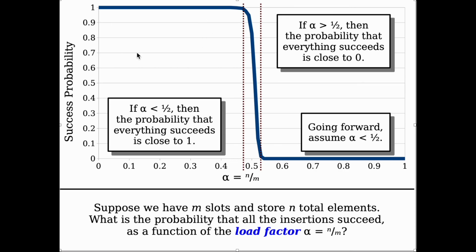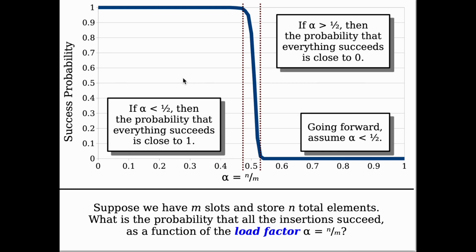The first condition is if we have a load factor na mas mababa than 1/2, then ang sabi dito sa graph na to is that the probability that the insertion succeeds, and if we have a load factor greater than 1/2 or medyo malapit na dun sa total capacity ng M, then we have a probability that is closer to 0.